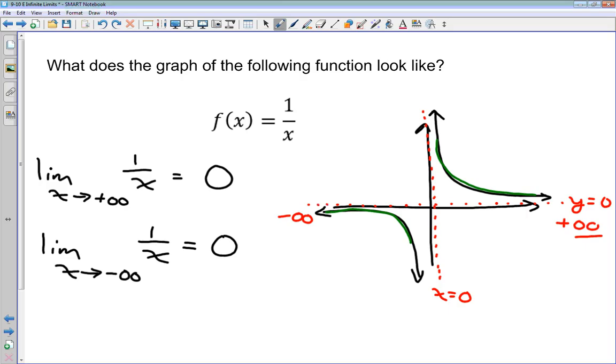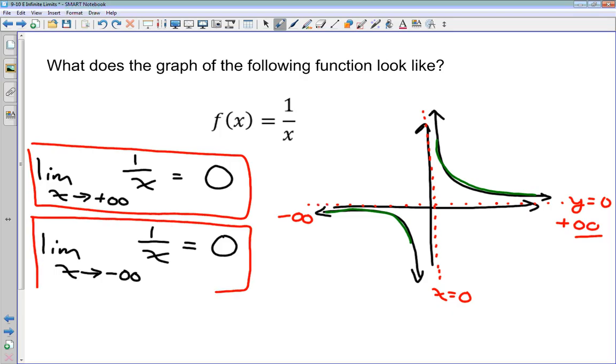Now, these two limits are going to be very important for us, okay? So the limit as x tends to positive infinity of 1 over x, we can imagine making x bigger and bigger and bigger in the denominator there. If we've got a small number, 1, divided by something really, really big, you're going to end up with something small.